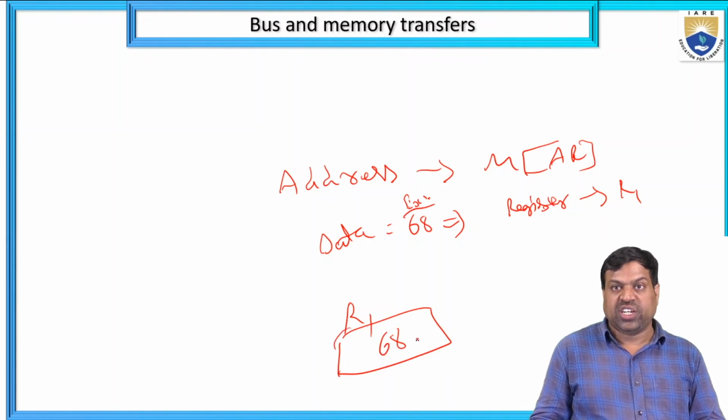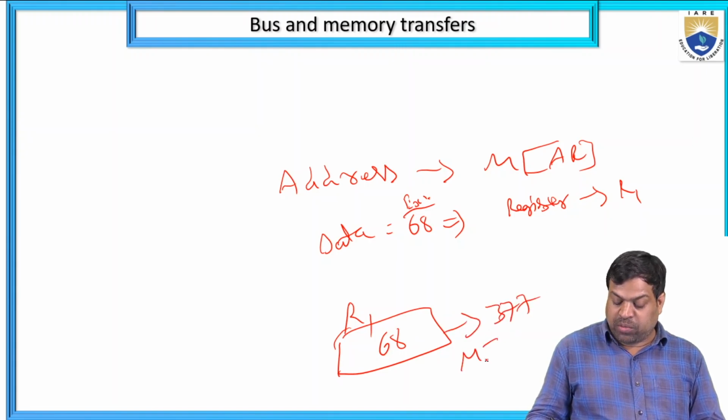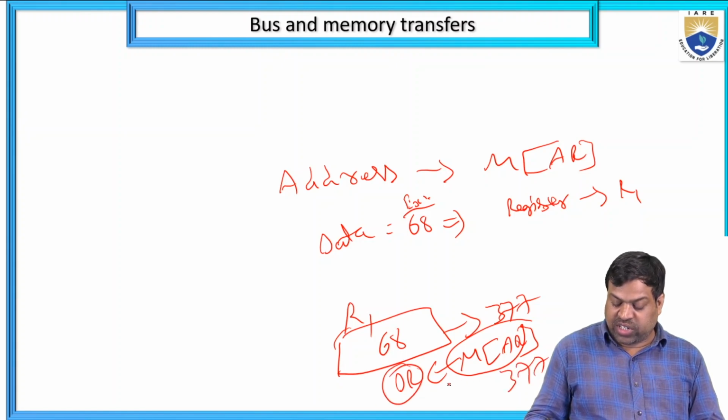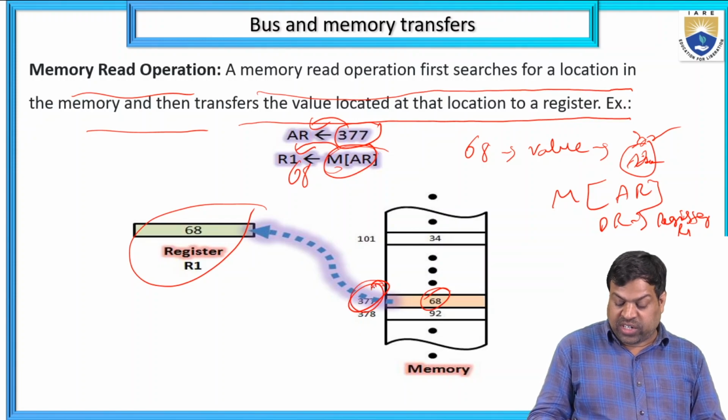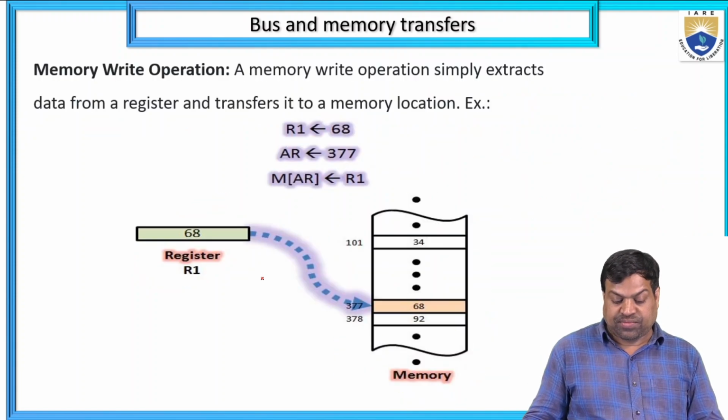R1 register, 68 is there. But what is the address of this one? Suppose this address is 377. M of AR tends to DR, meaning in the particular address, what is the value? DR. So in the 377 address, the value is 68.